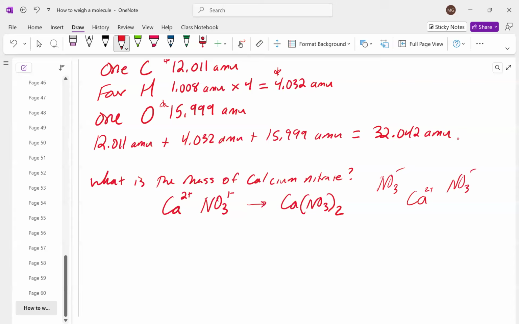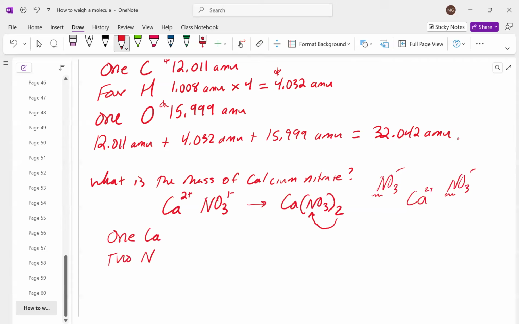So when you look at the formula for this compound, and then you need to know what the mass of it is, there is 1 calcium. How many nitrogens are there? Well, if I take this subscript and put it into here, I have 2 nitrogens. I can look at this other structure over here and see that, yeah, there's 2 nitrogens total.